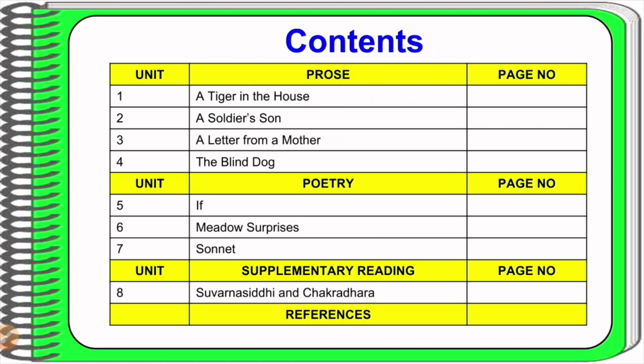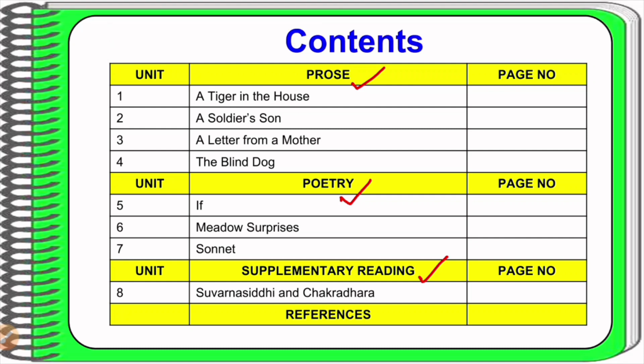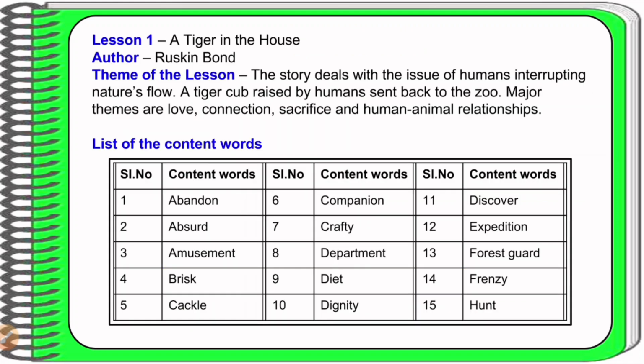Then, you need to prepare a separate table of your chosen or allotted lessons, something like this. Here you can see 4 prose lessons, 3 poems and 1 supplementary reading. Now, most importantly, read each of these lessons carefully. Underline the difficult words and present those words as a glossary like this.